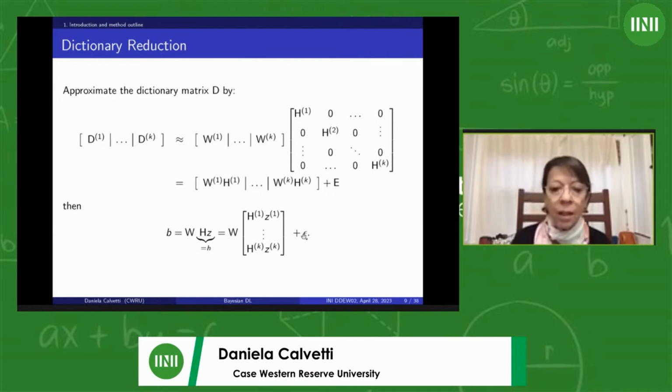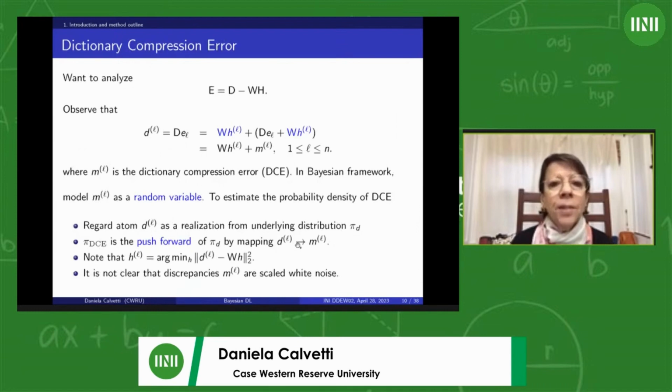And again, this plus epsilon indicates that we don't expect this to be done exactly.